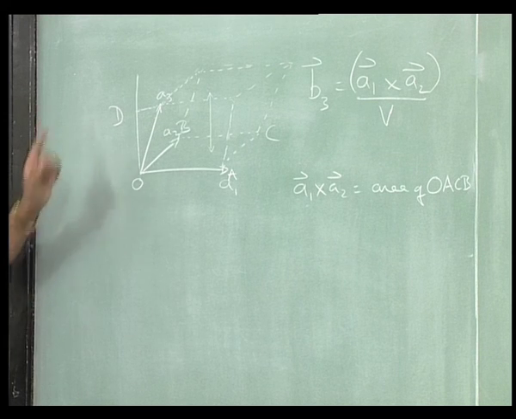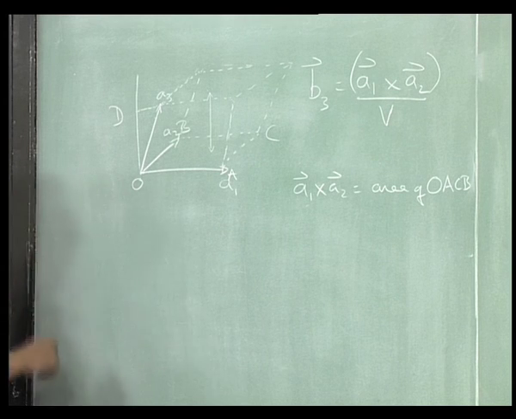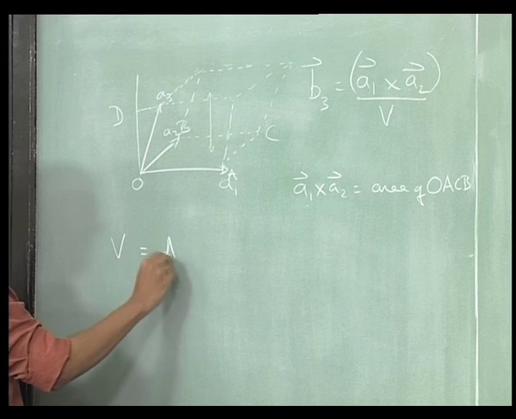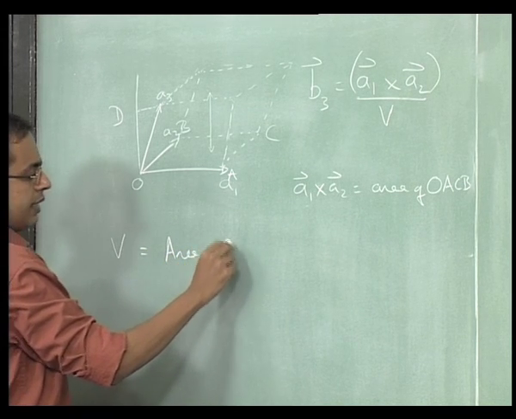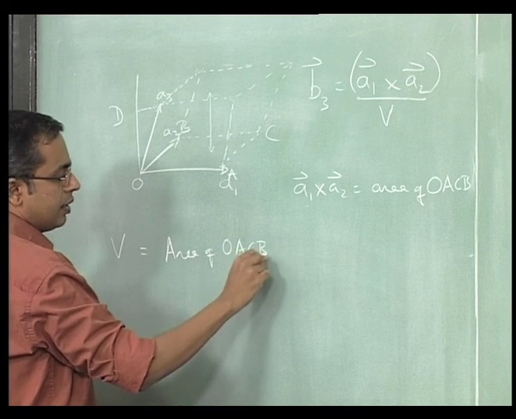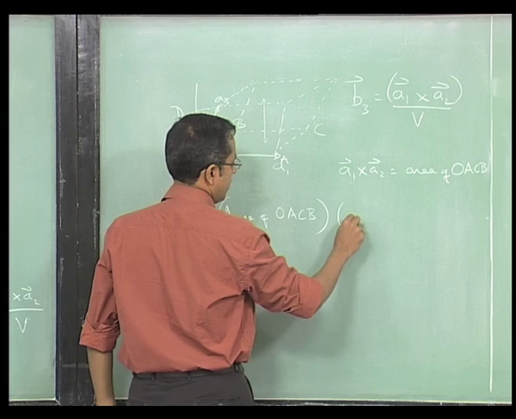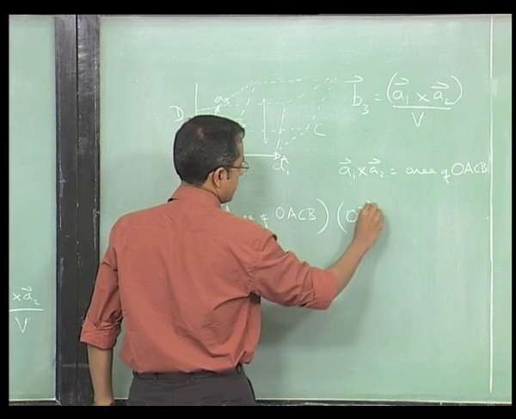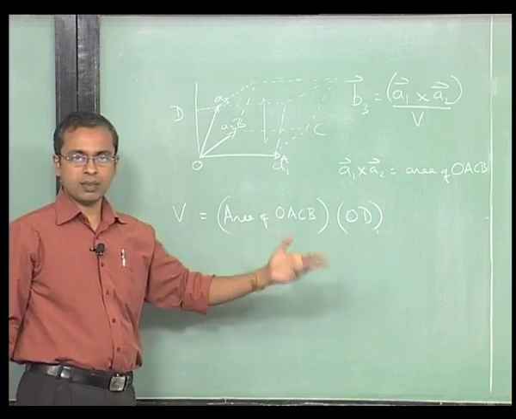So the height is OD. Therefore the volume is the area of OACB times the height OD. It is the product of the area times the height.